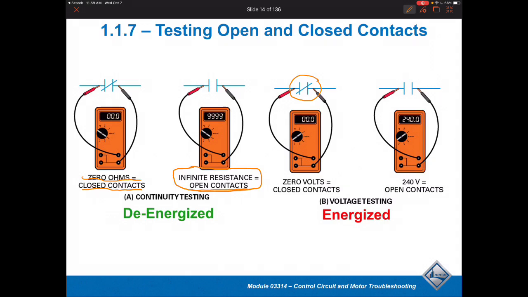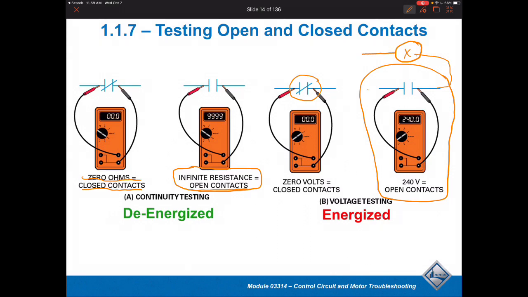Where a person has to be careful on those types of applications is that you have to be very careful that the rest of the circuit is actually closed. In other words, if I were checking this particular set of contacts over here, yes, I would expect 240 volts. But what if downstream there's an additional relay, or an additional load or a motor that has a broken circuit? Let's say they have a winding that's out and you don't have a complete path.